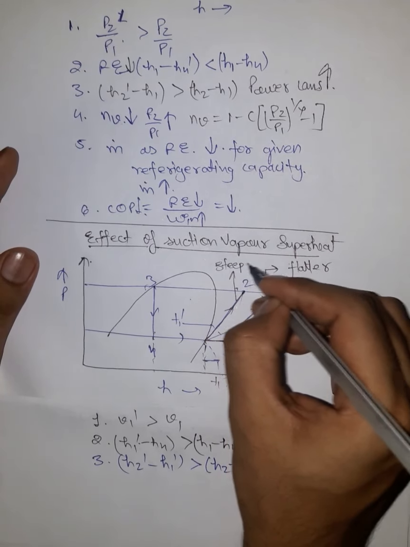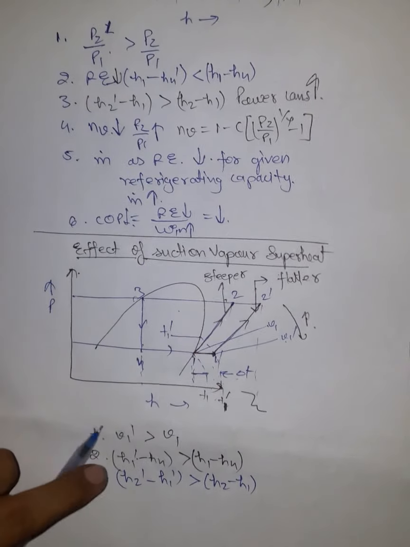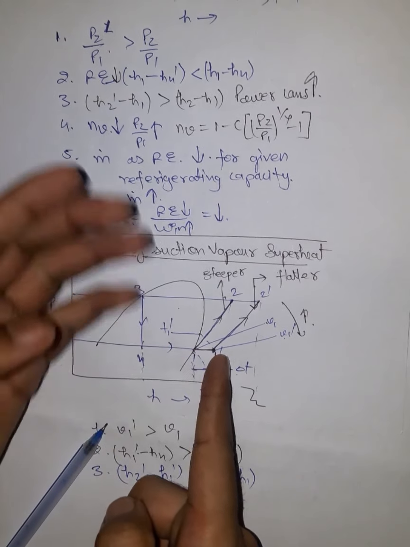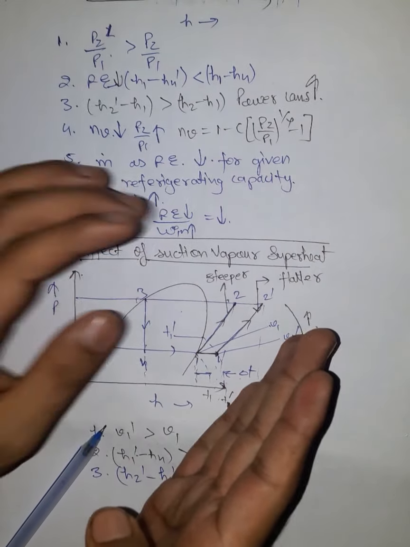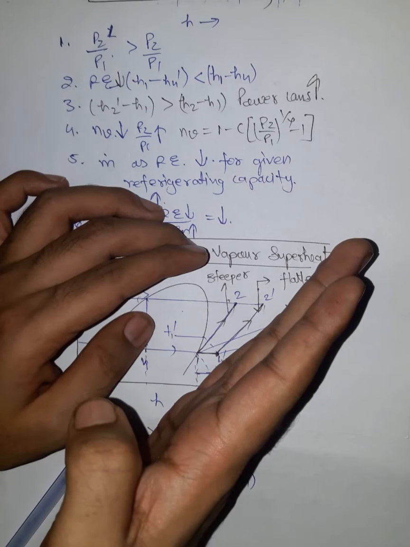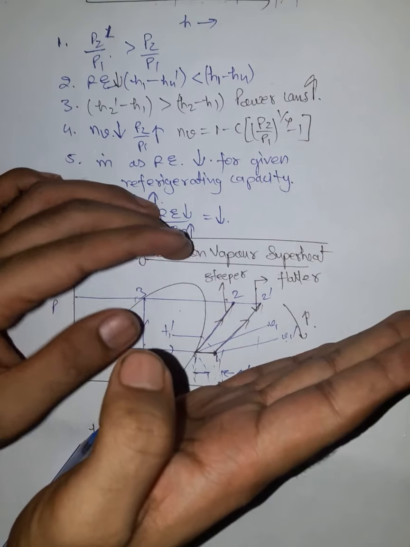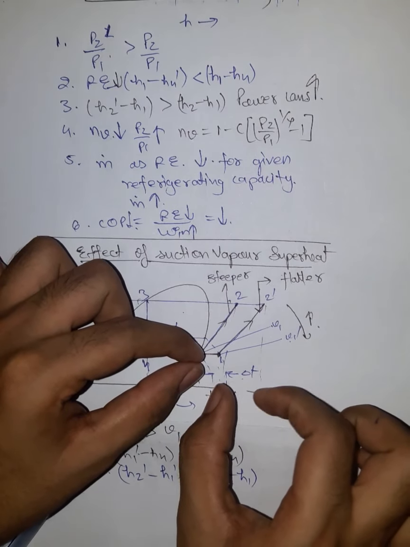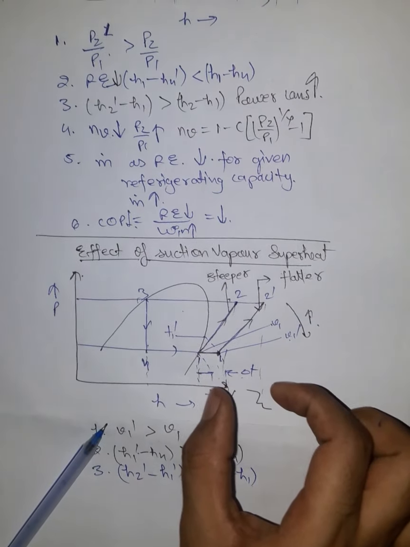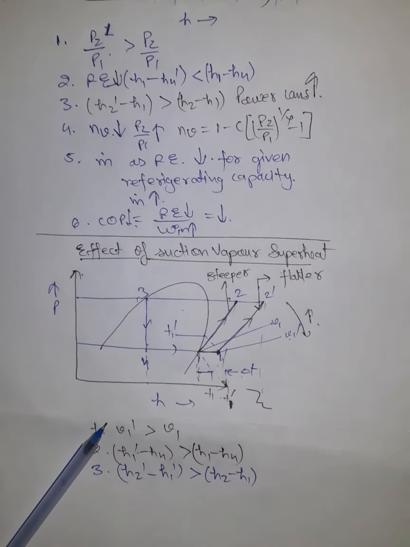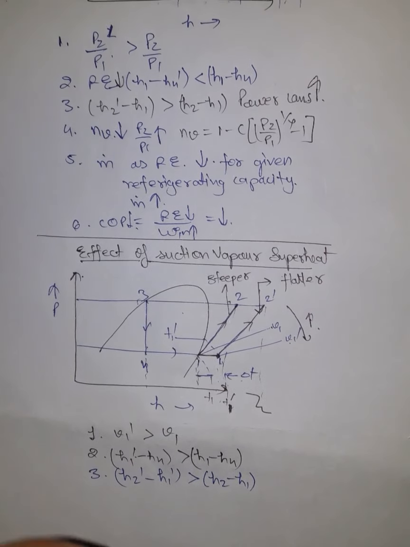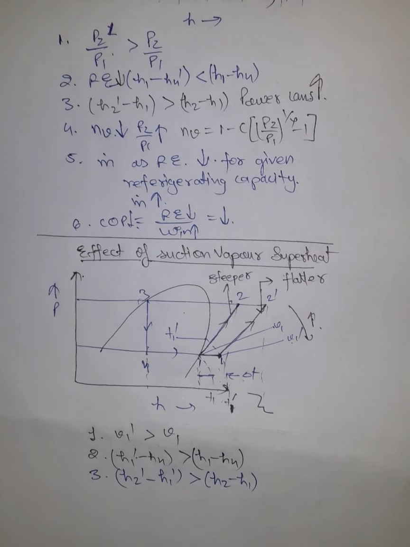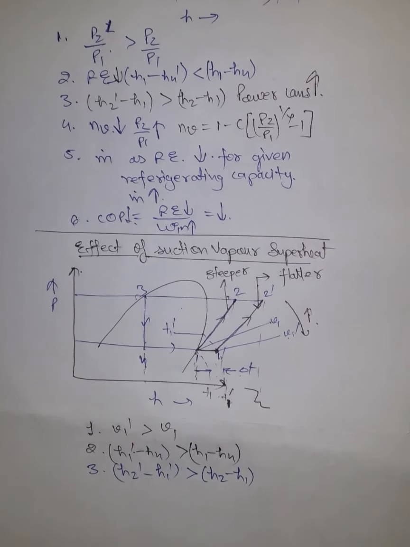That means that due to the superheat, the isentropic compression line has not shifted parallelly, but has also tilted down. Since it has tilted down, the area over here has also increased. So this is a way of remembering that the compressor work or the power requirement also increases in this case.